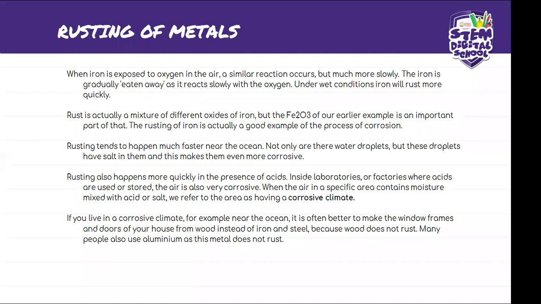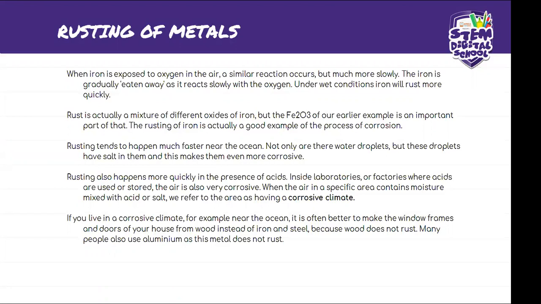When they settle on a substance, it can easily corrode faster. So we can say the area around that factory has a corrosive climate.